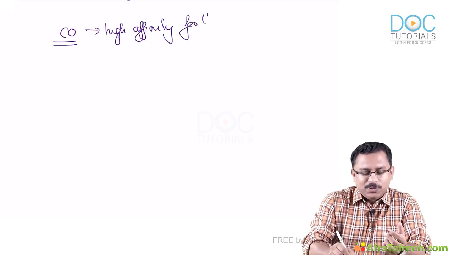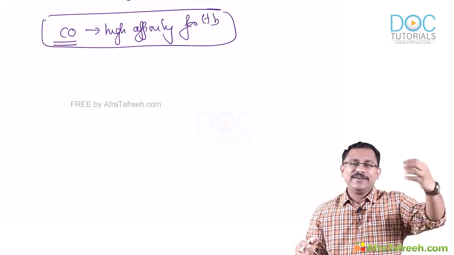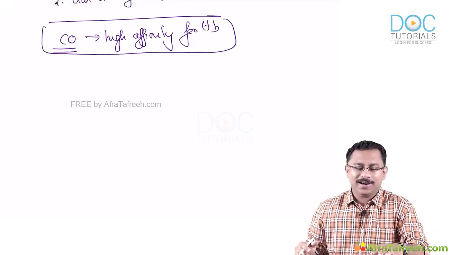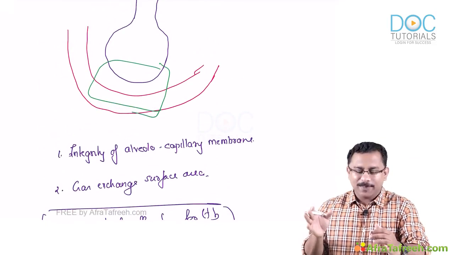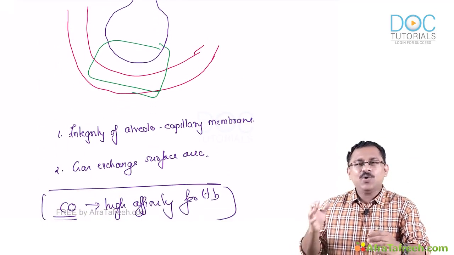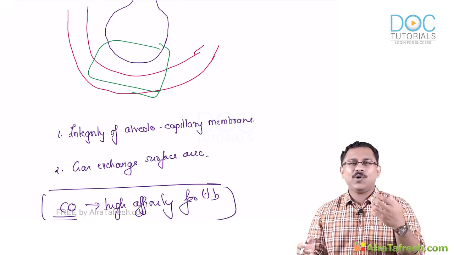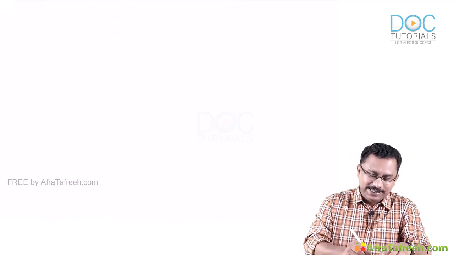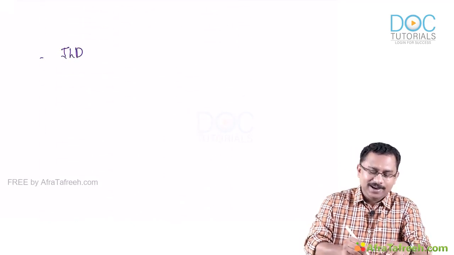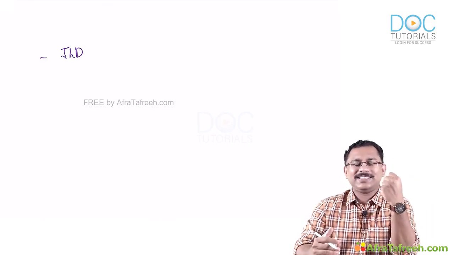Because of this, it is an ideal gas to test the diffusion across the alveolo-capillary membrane. So you are trying to test the diffusion across the alveolo-capillary membrane, and when you have disorders where the alveolo-capillary membrane is affected, like say interstitial lung disease, ILD, the diffusion across the alveolo-capillary membrane is affected.